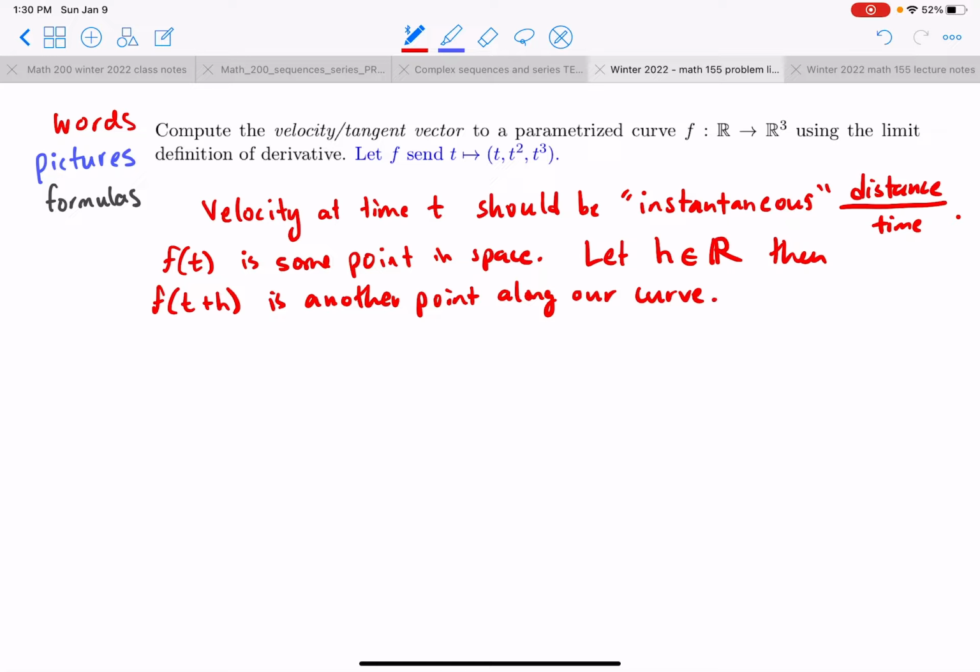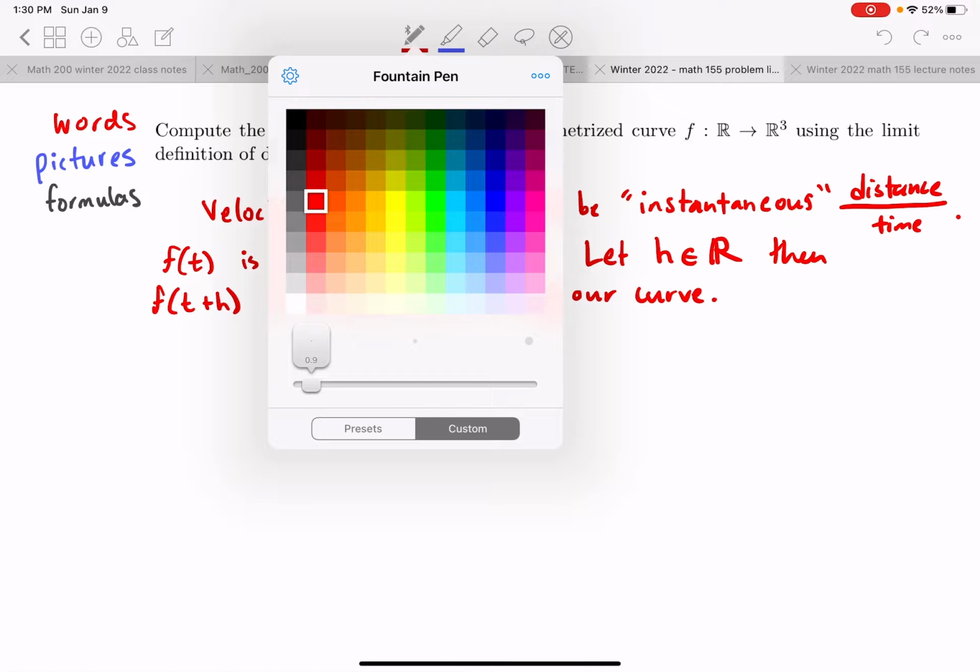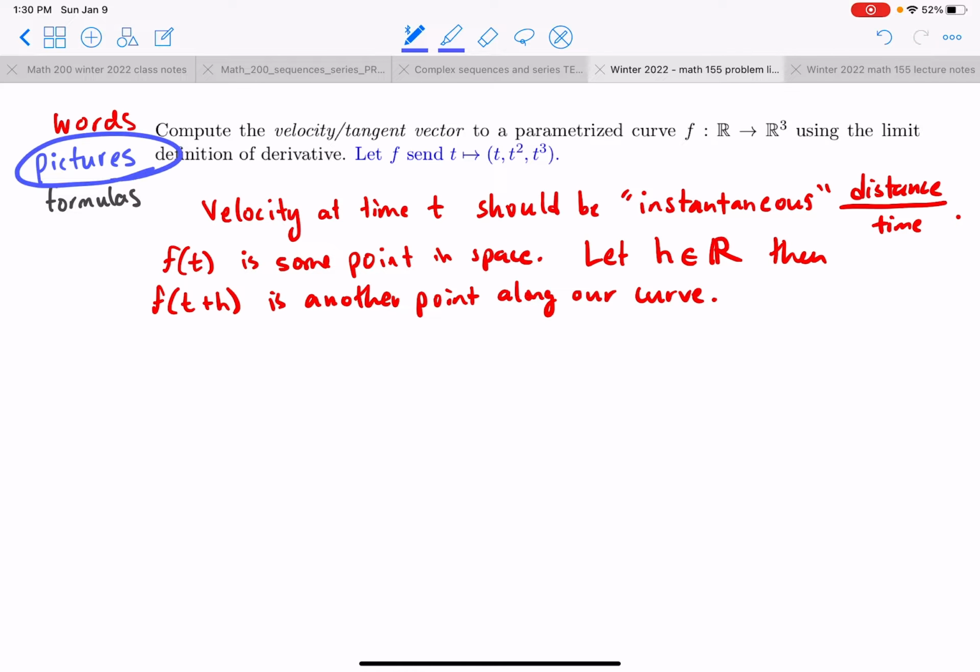Right? Our curve is all the points f of t for all different times. And so let's draw a picture. So you should have pictures as well. So maybe here is a curve, and we're going that way, and maybe it continues, and maybe it came back from over here. And let's say that f of t is here.